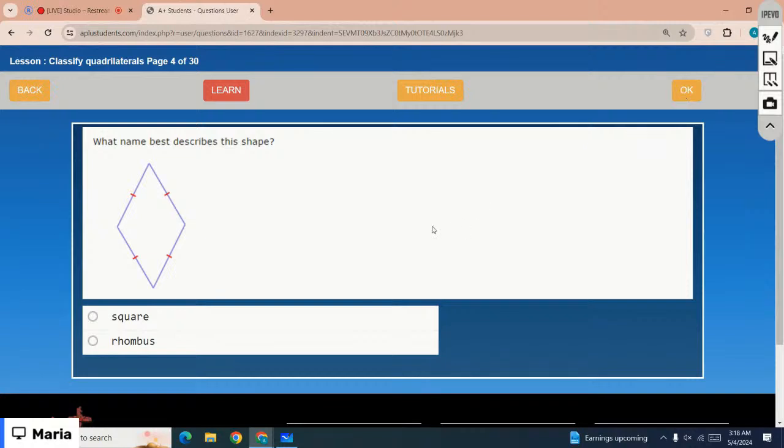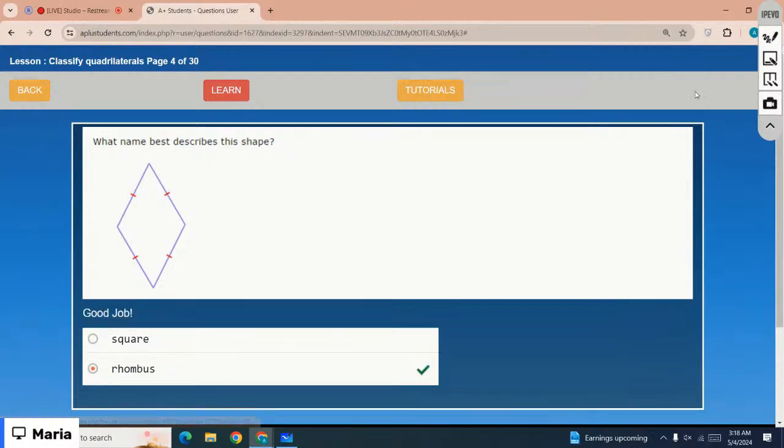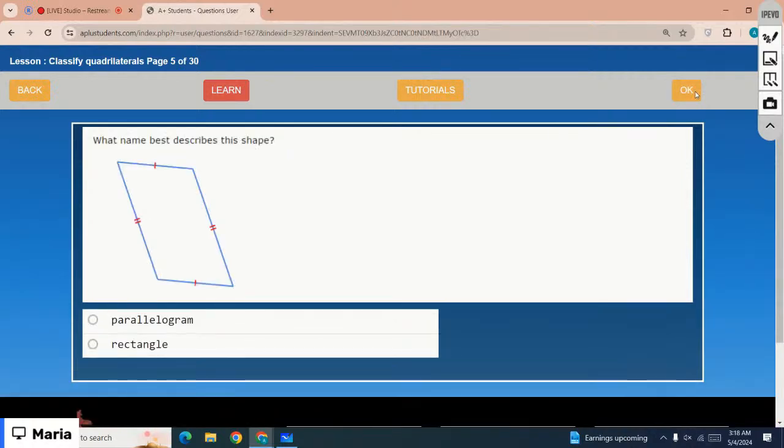All the four sides are congruent, but they don't have the right angle. That is the rhombus. What name best describes the shape, which is the correct option? Parallelogram, rectangle.